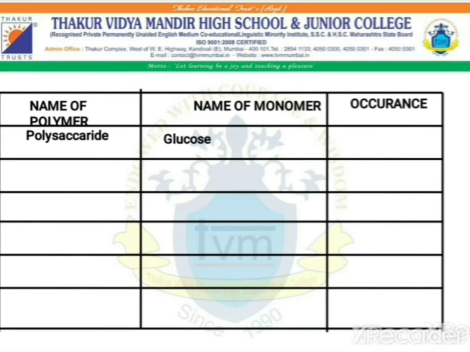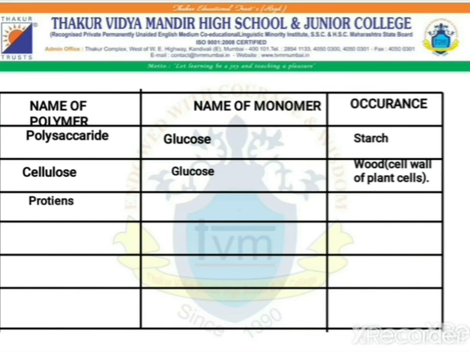The monomer is glucose and it is obtained from starch. The next polymer is cellulose. The monomer from which it is obtained is again glucose, and it occurs in wood, that is the cell walls of plant cells.